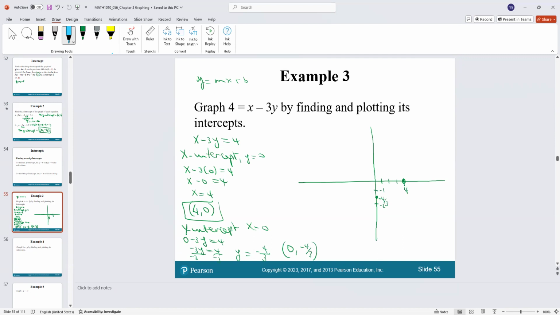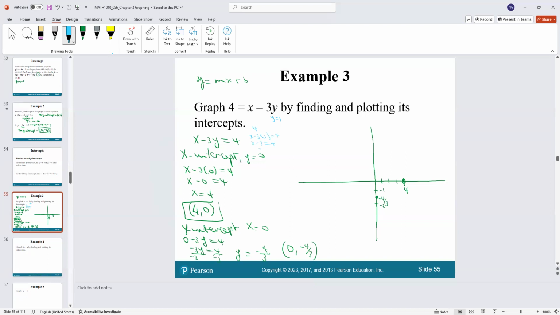Like, let's say, for example, if you plug y equal 1, we're going to have x minus 3 times 1 equal 4. x minus 3 equal 4.